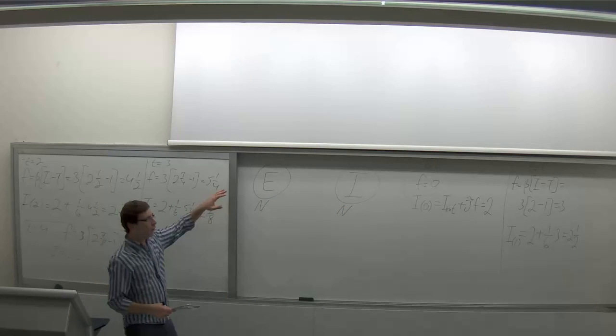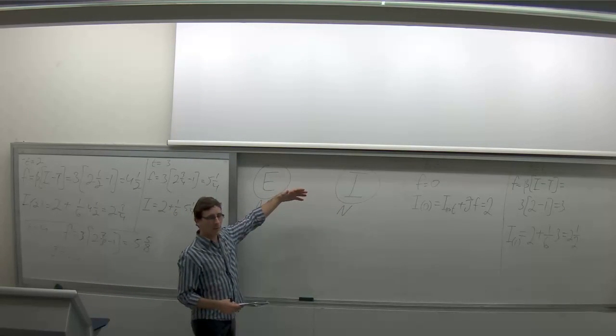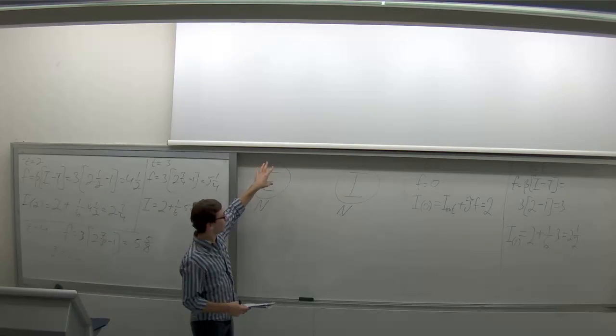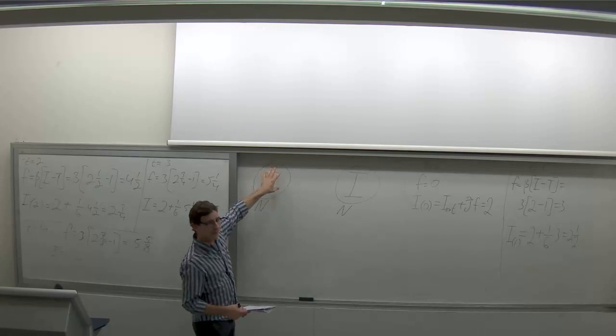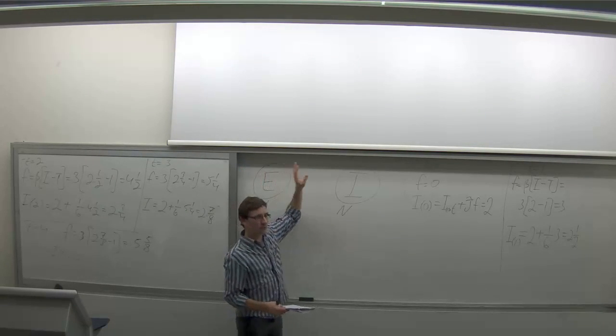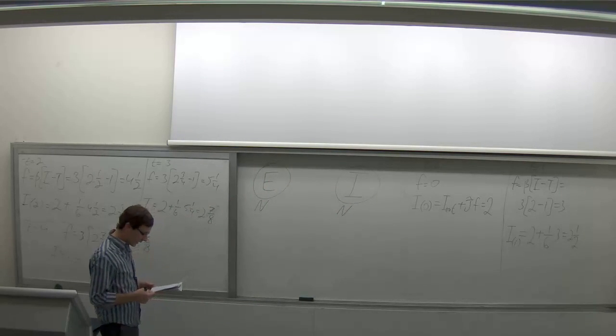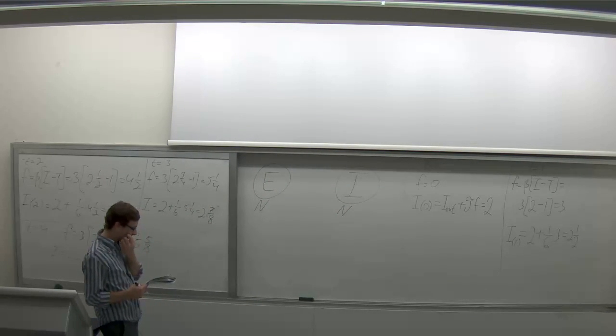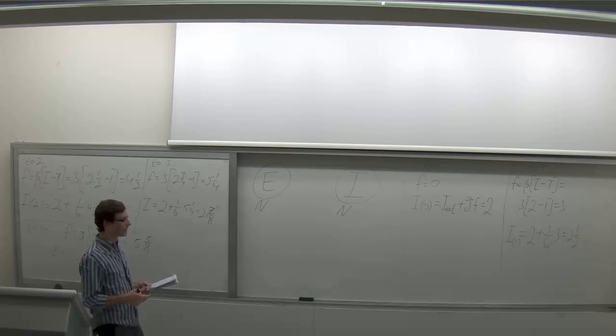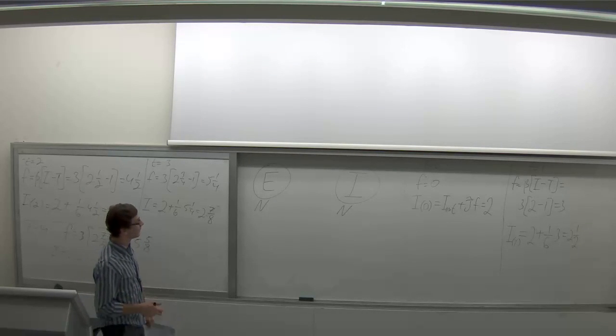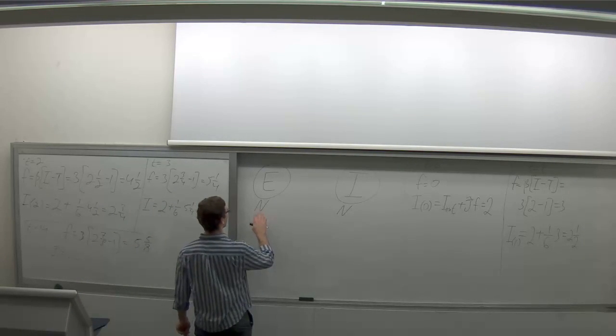And again, all the connectivity is all to all. All excitatory neurons are connected to all excitatory neurons. All excitatory neurons are connected to all inhibitory neurons, and vice versa. And only the strengths are going to be different. Okay, so I'm going to mark it this way.